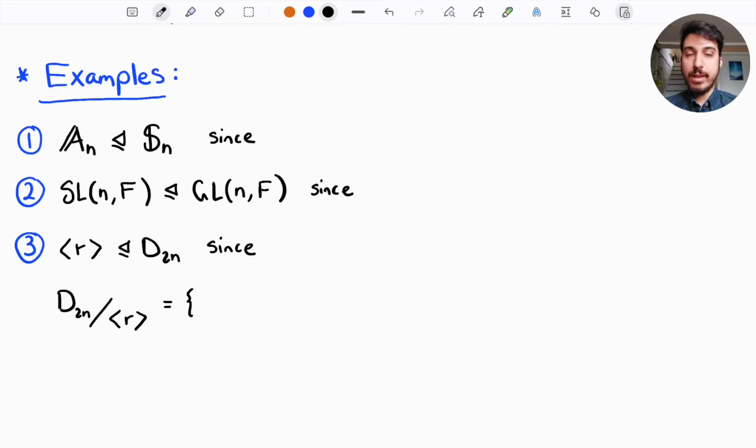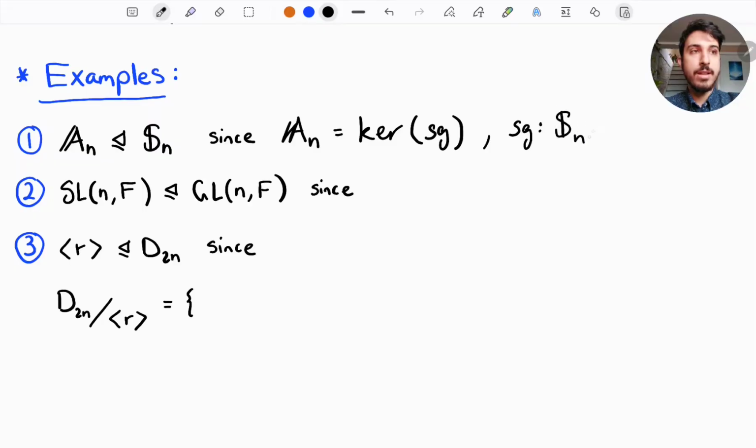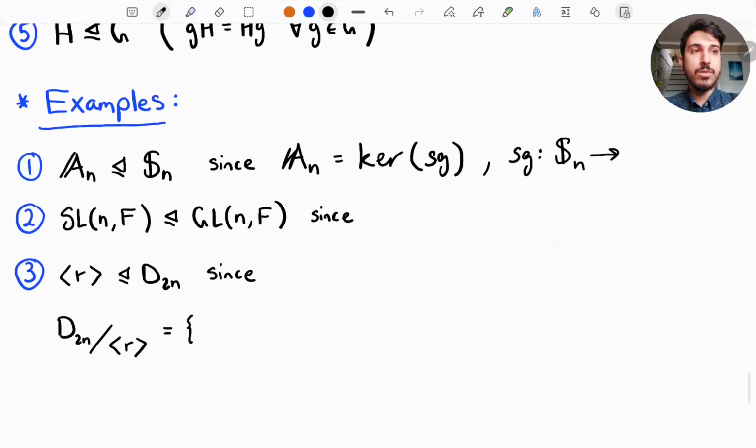Immediately, we see that the alternating group A_n is a normal subgroup of S_n, since we know it's a subgroup of S_n, and that A_n is the kernel of some epimorphism. This time, the epimorphism is the sign homomorphism, where the sign takes a permutation in S_n and maps onto 1 and minus 1 with the multiplication.